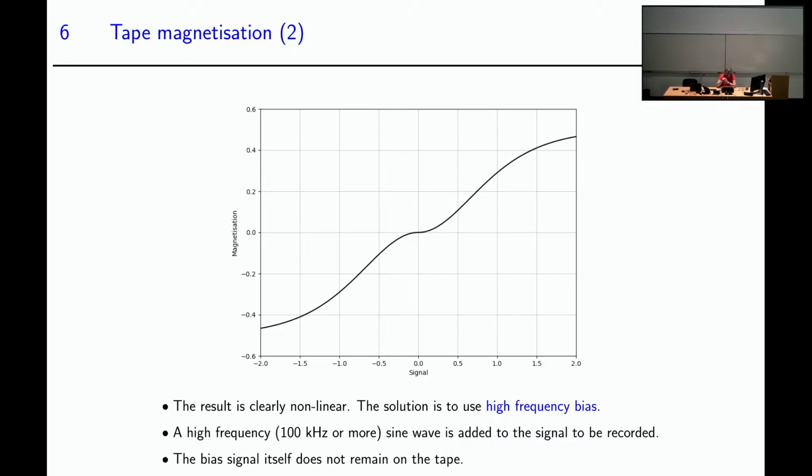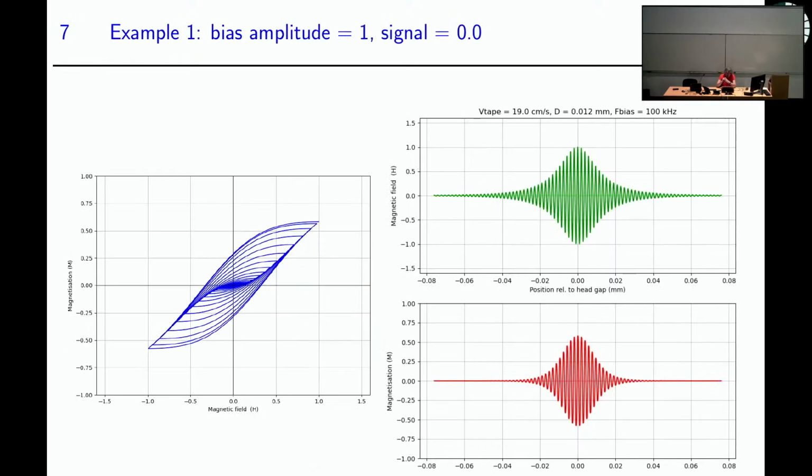So this is the result without the bias. The input signal, which you send to the record head, and the magnetic signal, which remains on the tape. It's very nonlinear. You see in the middle we have this almost flat section, and at either end it will tend to saturate. Now, if we add this bias, things change.